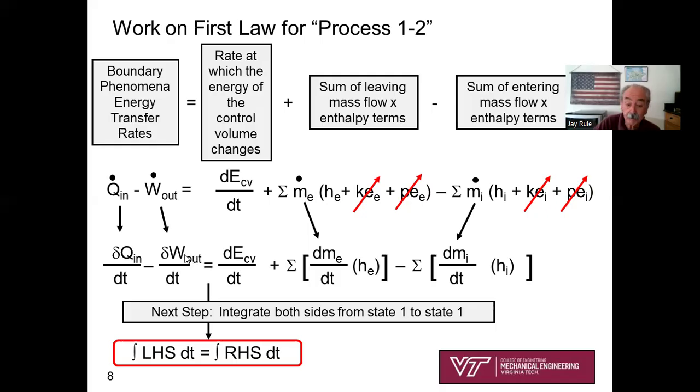So it's a little bit of a mathematical trick. dE/dt of the control volume, we're going to leave alone. This m dot, this mass flow rate, it's all about the dots for an open system. But what I want to go back with my mathematics is that we could express m dot as dm/dt, the rate at which the exiting mass is being squished out of the pipe, okay? dm/dt is another way to say mass flow rate. Same thing, dm/dt going in is another way to say m dot.